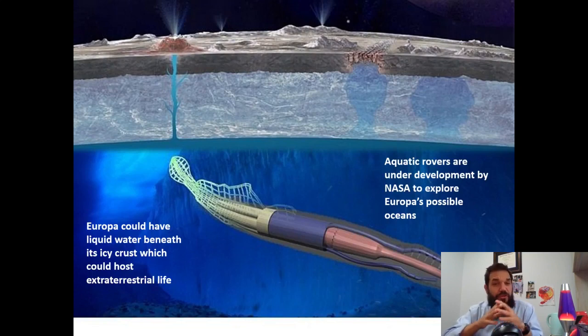So it would be really interesting to explore that liquid water. There's a layer of H2O ice, and if we could get below that, we think there might be a liquid water layer, and who knows, there could be life there. So NASA is very involved in trying to develop a probe that can drill into the ice and deposit a rover or ROV, a remotely operated vehicle, to explore those oceans.